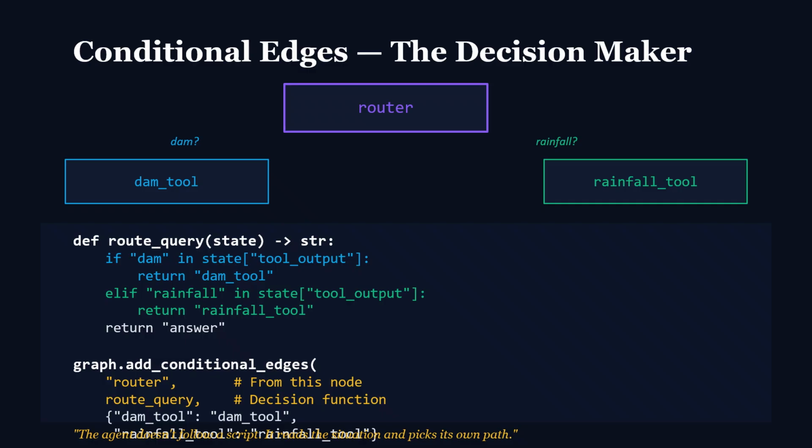So, "dam_tool" maps to dam_tool and "rainfall_tool" maps to rainfall_tool. This is the heart of what makes an agent an agent. It does not follow a fixed script. It reads the situation, what did the router classify this as, and picks its own path at runtime.